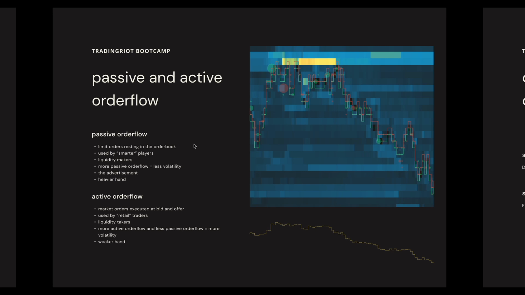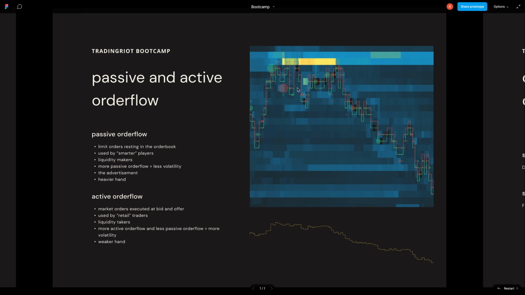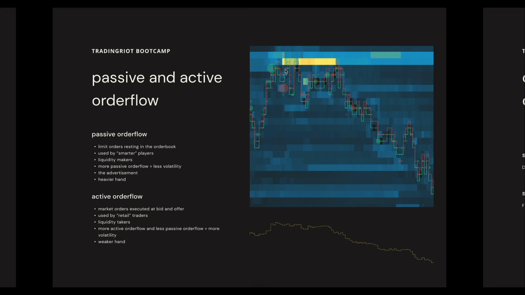The passive order flow is the advertisement, so they can place limits into the order books without any intention of filling them, and they are usually the heavier hand. What you can see here is a heat map for some bond market. I'm not sure which one this is.